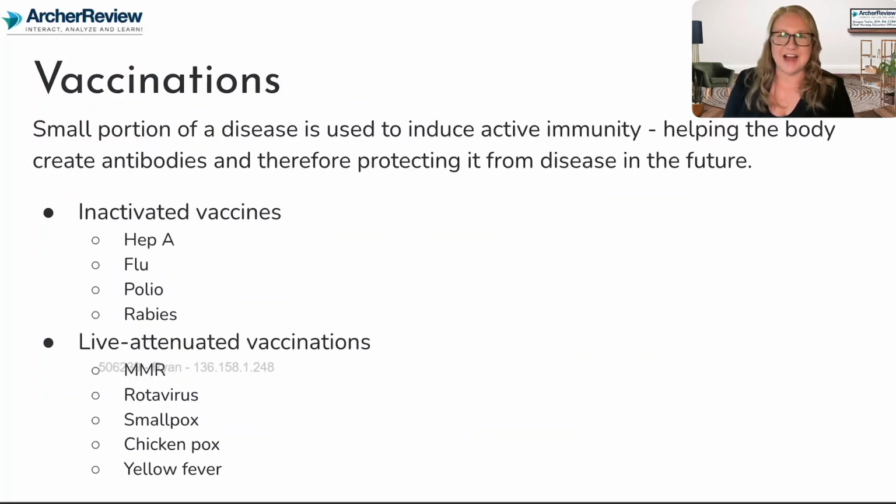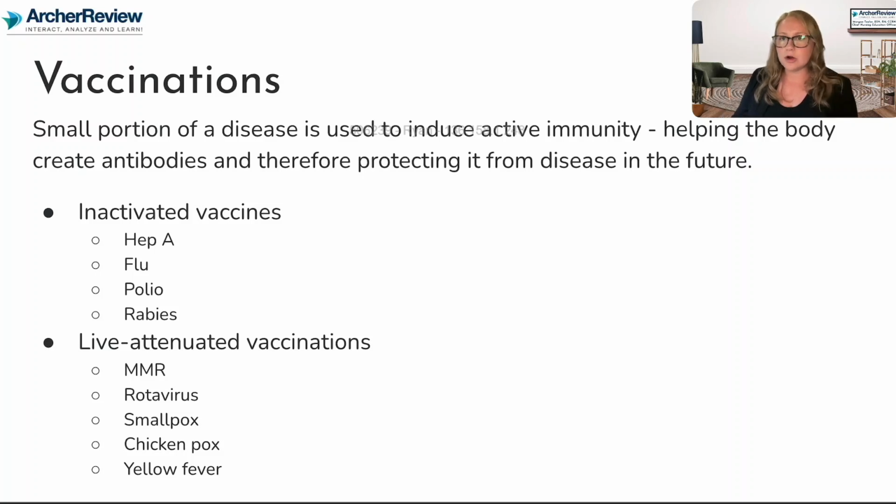So those vaccinations, I'm including this here in immune pharmacology since it's a medication we receive to hopefully help stimulate our immune system. This is where an inactivated or attenuated portion of a virus is introduced to the body, and the body then responds with our active immunity.